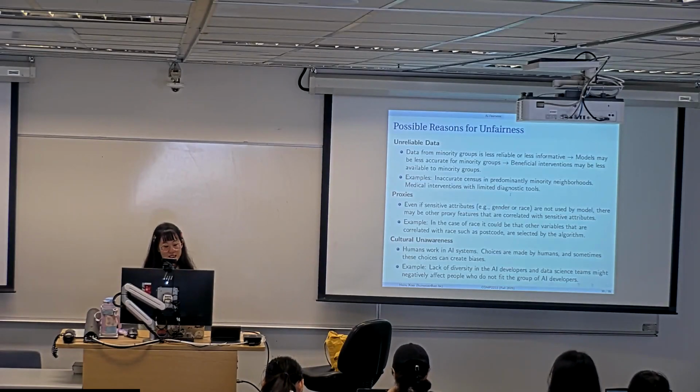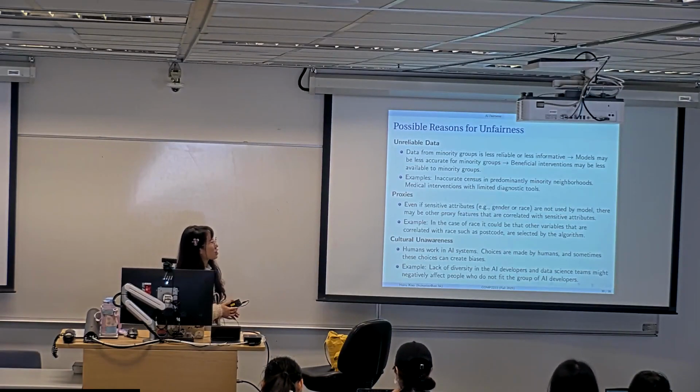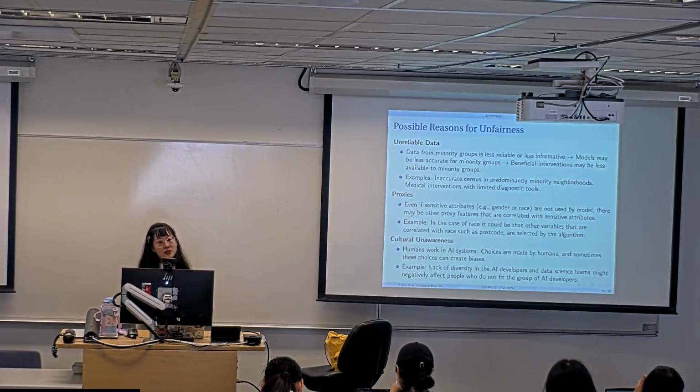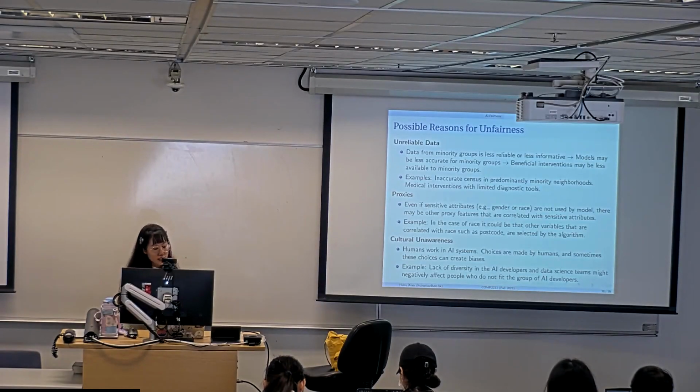This should be protected. Okay, the model does not use such sensitive attributes, but still the model may show bias against these different groups of people because there may be other proxy features that are correlated with sensitive attributes, and the AI model is really smart, really powerful. They can still find the relation. For example, in the case of race, it could be some other variable that is correlated with race, such as postcode, right?